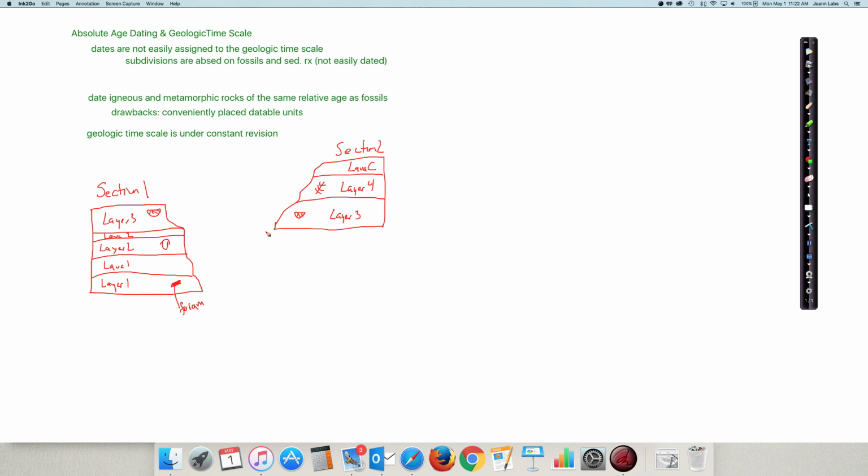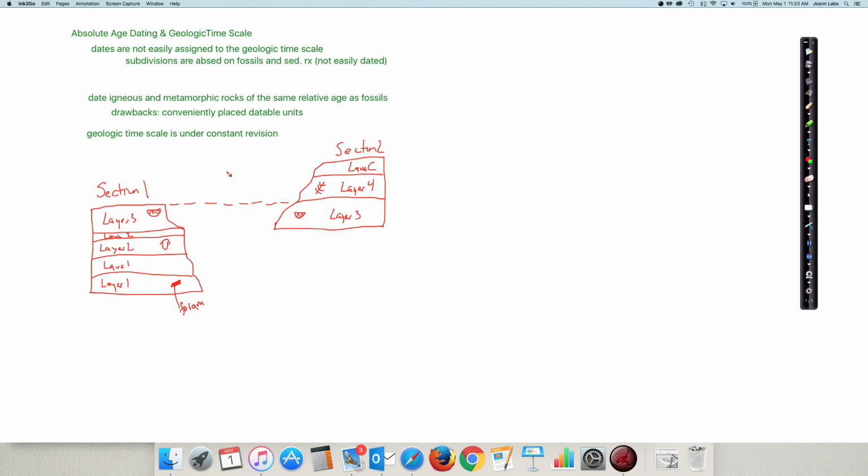These pictures represent fossils, like this is a foram, this one's a trilobite, this is a brachiopod. Based on the presence of this fossil being in both these layers, that's how they determined these layers correlate or match up, so they're the same age based on the fossils.